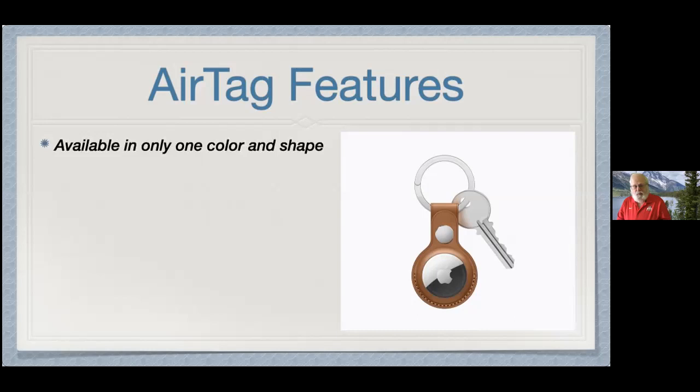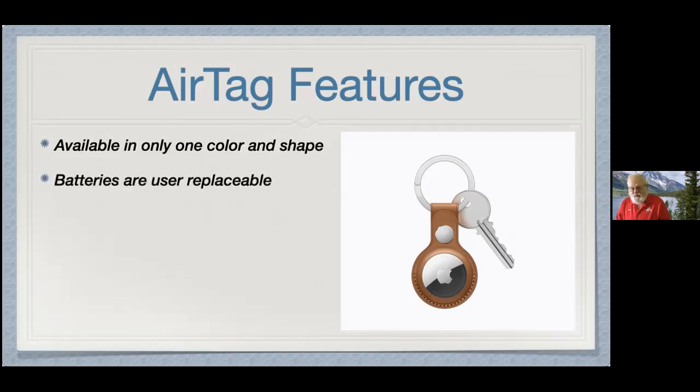It's only available in one shape and one color, sort of stainless steel on one side and white on the other. And like I said, they're sort of bigger than a quarter and smaller than a $50, so it gives you an approximate size.